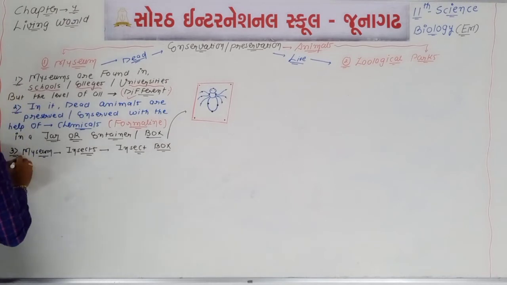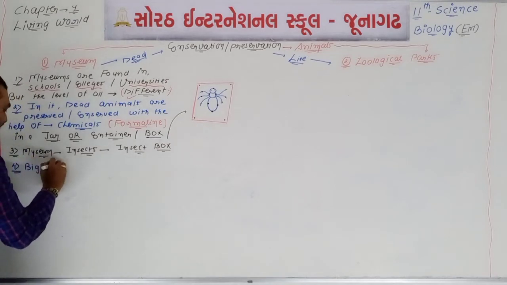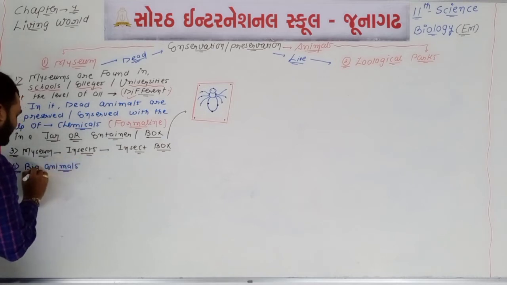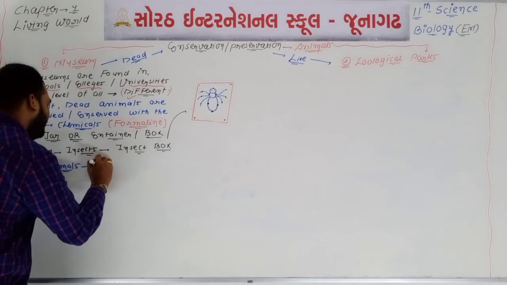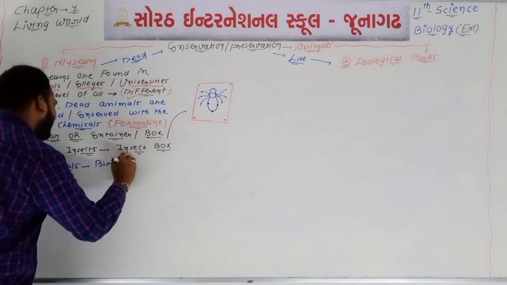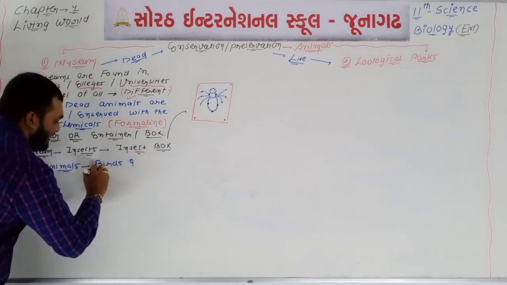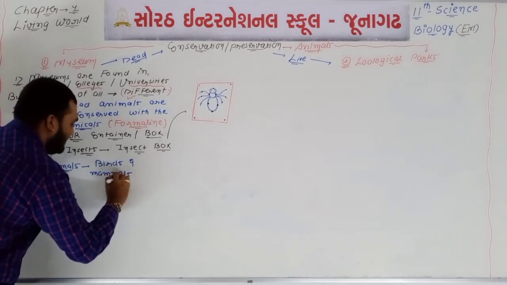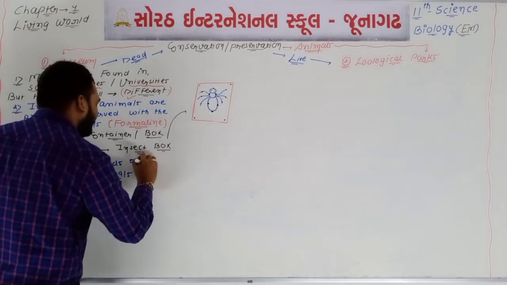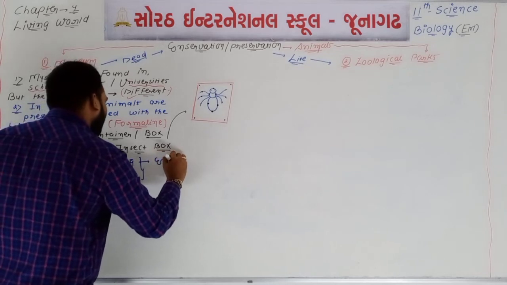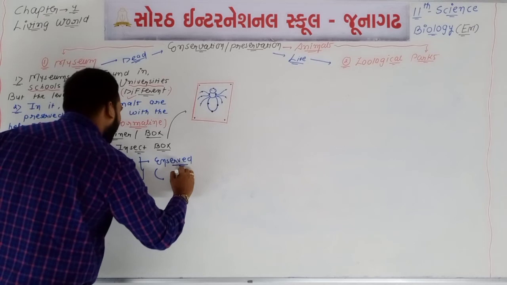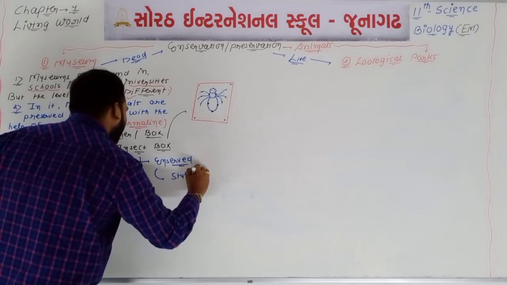Not only insects, but big animals like birds and mammals are also conserved with the help of the method of stuffing.